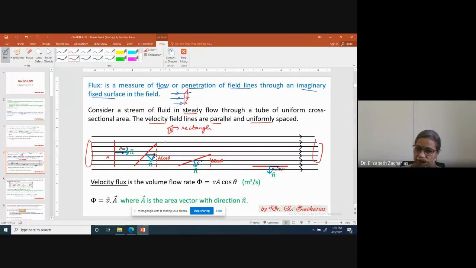Is this point clear, guys? Yes, ma'am. So you take a straight wire and bend it to form a rectangle. There is an area enclosed by this rectangle. Let that area be capital A.